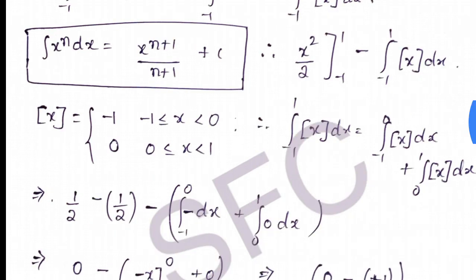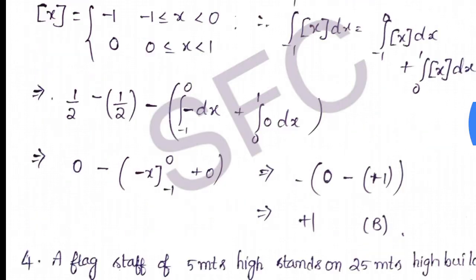That is, the greatest integer function equals minus 1, and when 0 is less than or equal to x less than 1, the step x value, that is the greatest integer function value, equals 0. Now we split the integral from minus 1 to 1 of step x dx into the integral from minus 1 to 0 of the greatest integer function of x dx plus the integral from 0 to 1 of the greatest integer function of x dx.